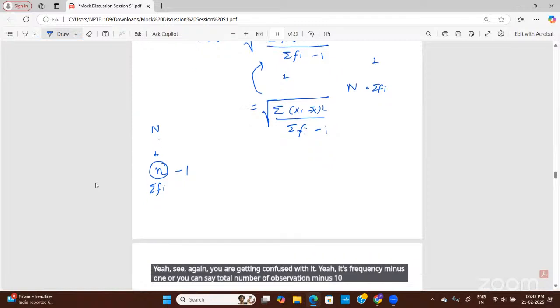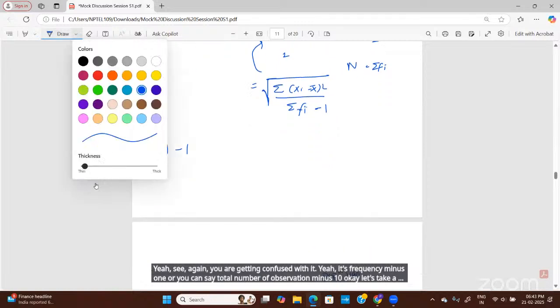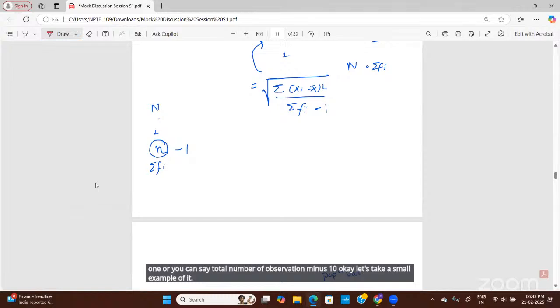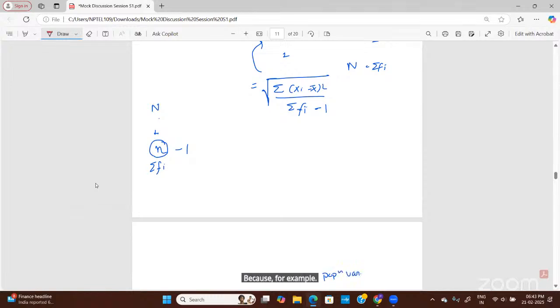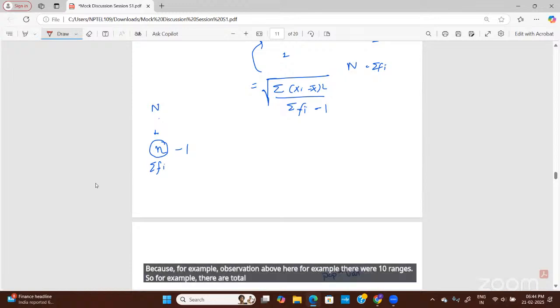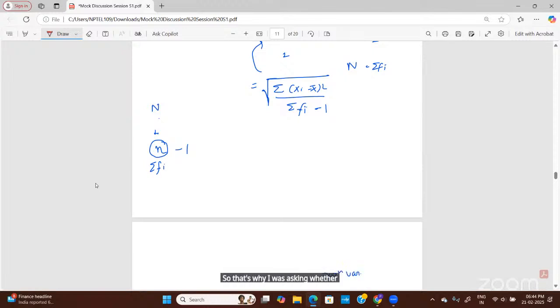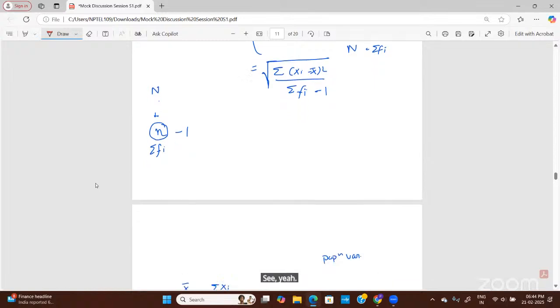Okay, let's take a small example of it. Suppose we have a data set, for example, there are total 10 observations, but frequencies are different. I was asking whether I need to subtract just one. See from my example once, and then I think you will be clear with it.